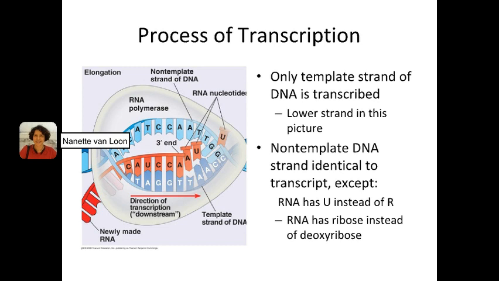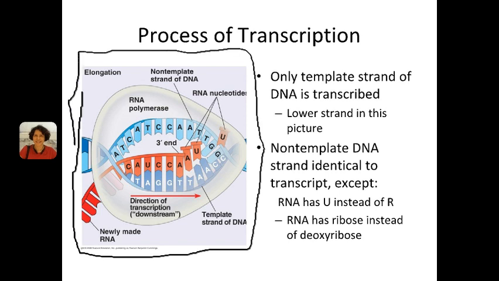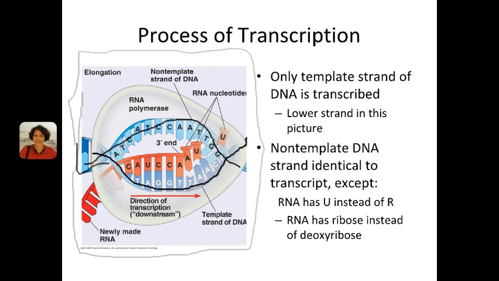We're looking at a more detailed picture of the transcription process, showing the transcription bubble. The DNA template are the blue molecules. So this is the double-stranded DNA that has been separated.